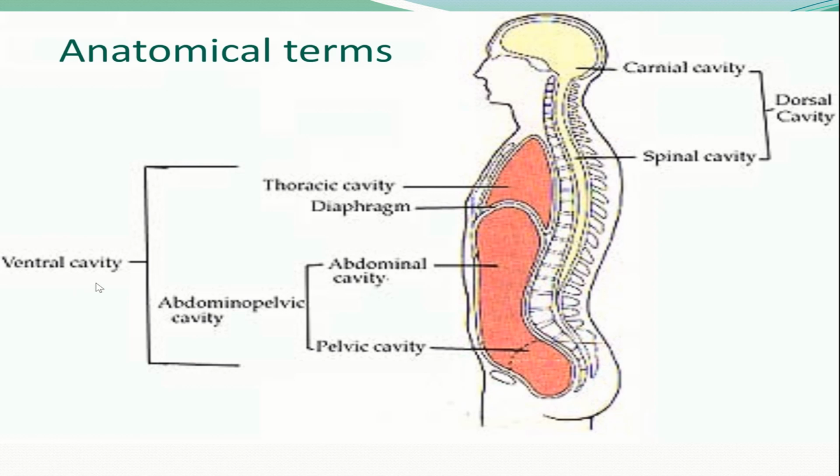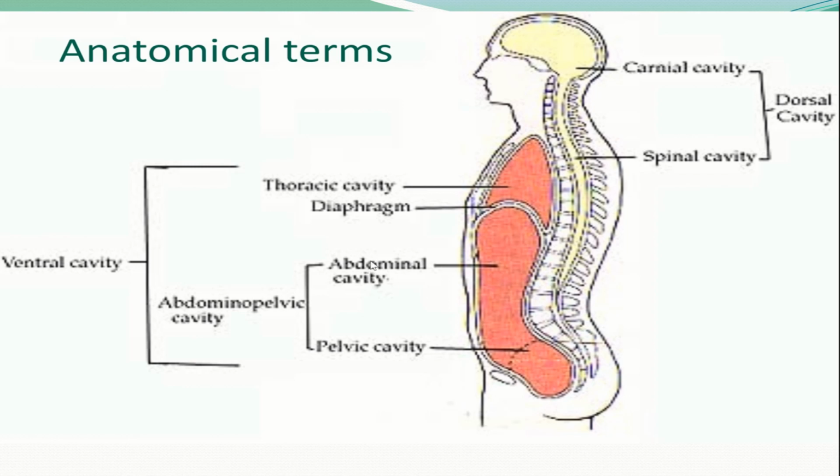And the ventral cavity is then divided into the thoracic cavity and the abdominal cavity, but usually what we think of as the abdominal cavity is actually the abdominopelvic cavity. The thoracic and the abdominopelvic cavity are separated by the diaphragm.